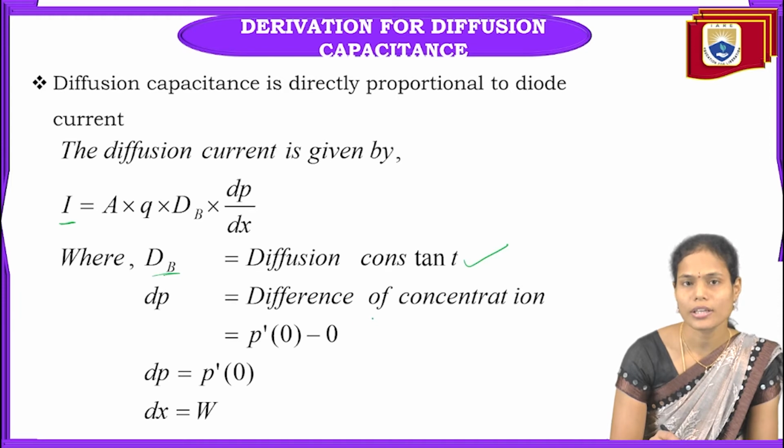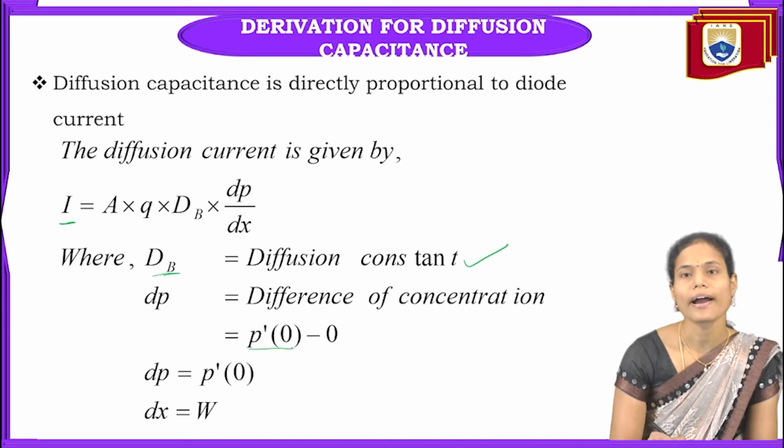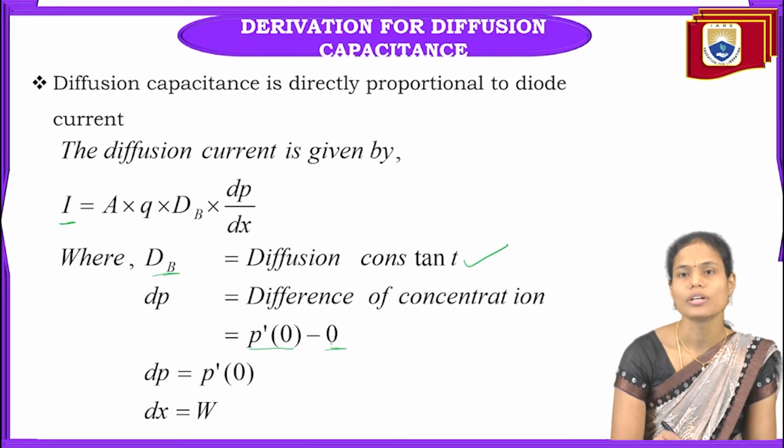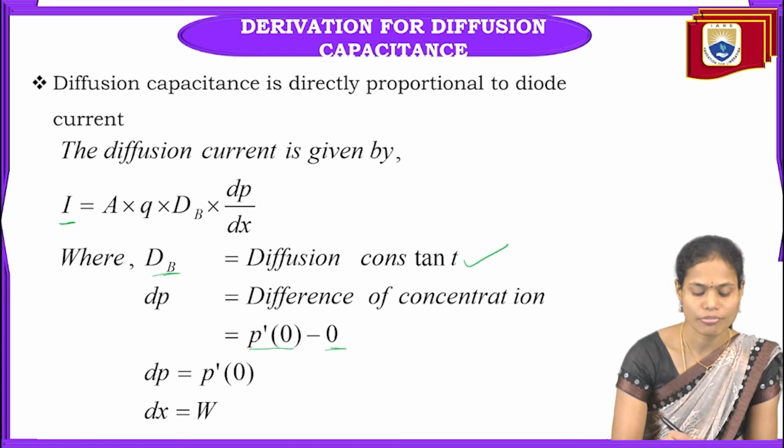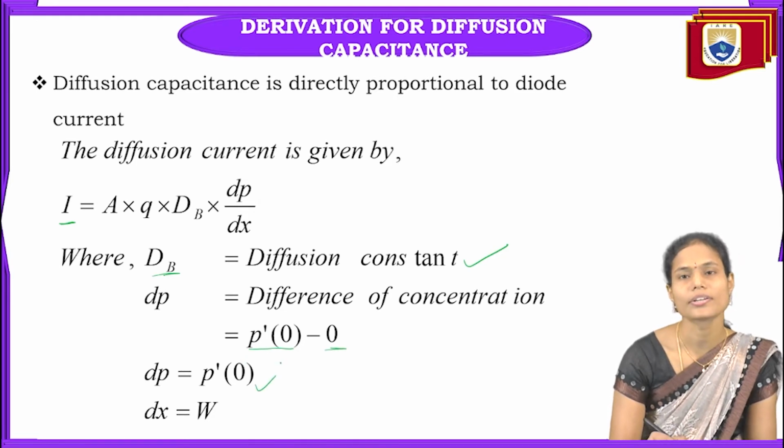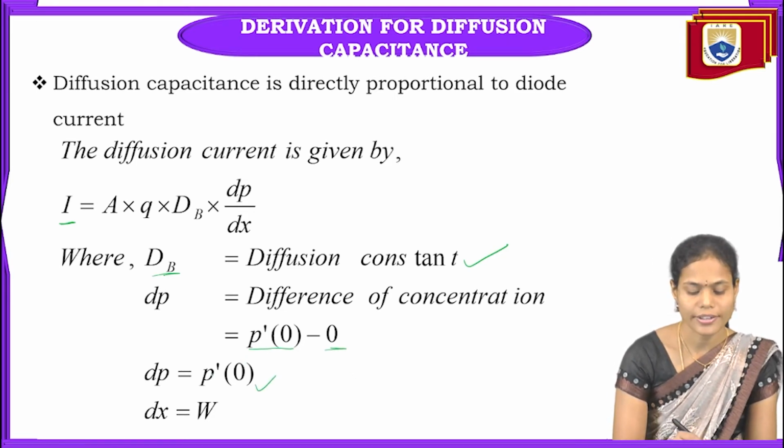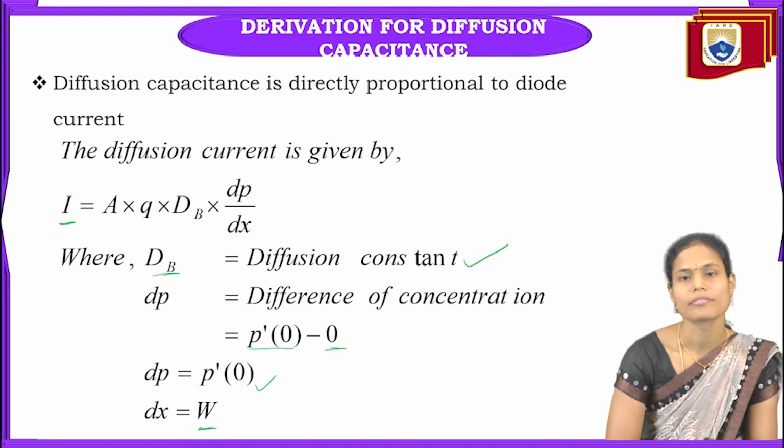At the collector terminal the concentration is very high, that is P dash of 0, and across the output terminal that value is 0. So we are taking the difference of the two charge carrier concentrations. And dP we get as P dash of 0, and dx is the width.